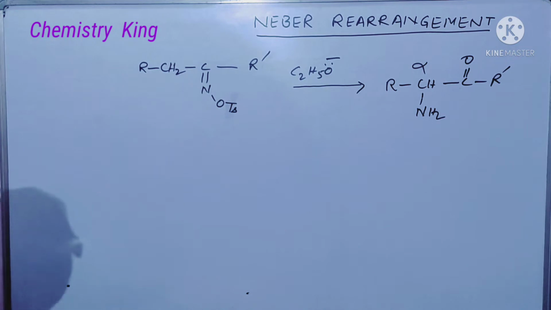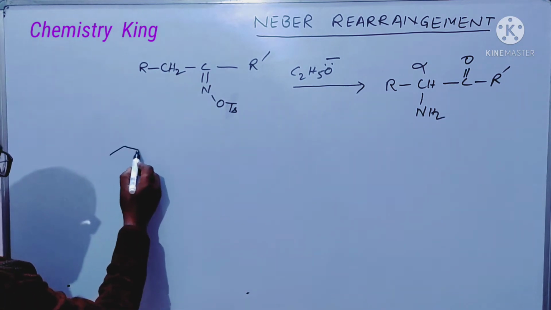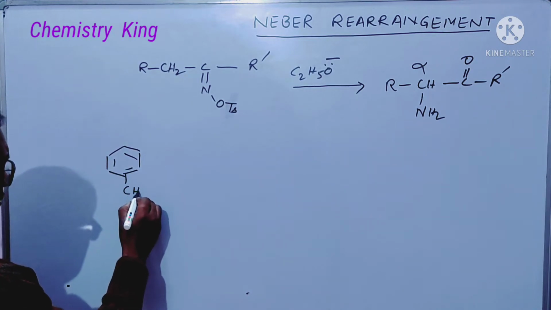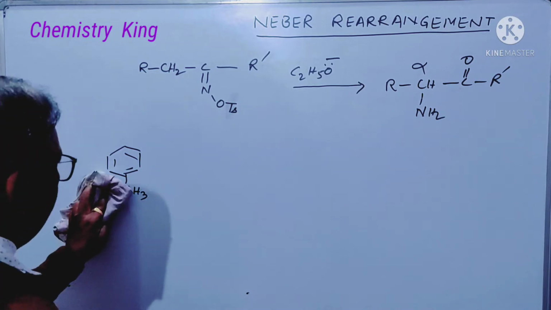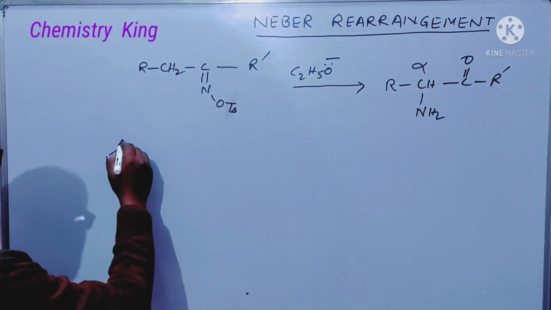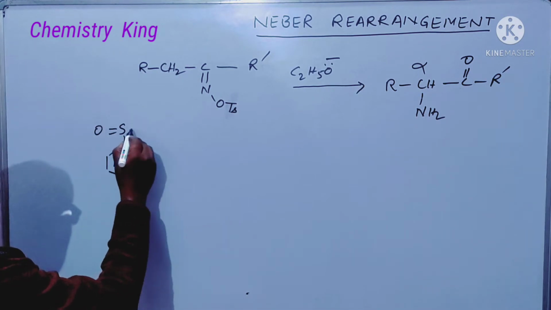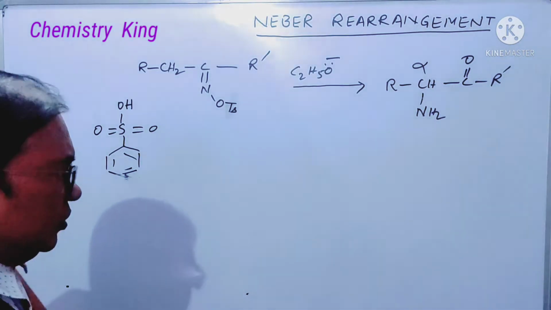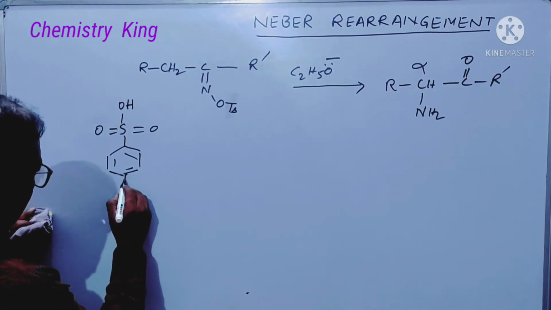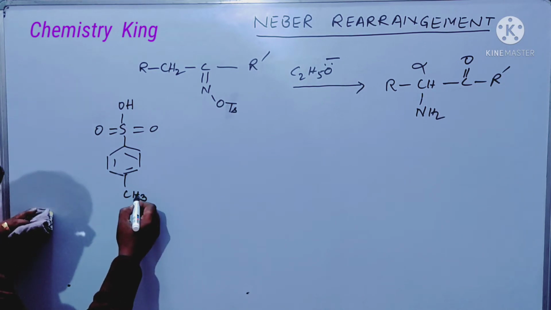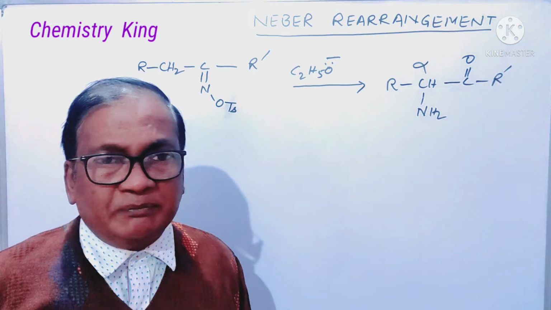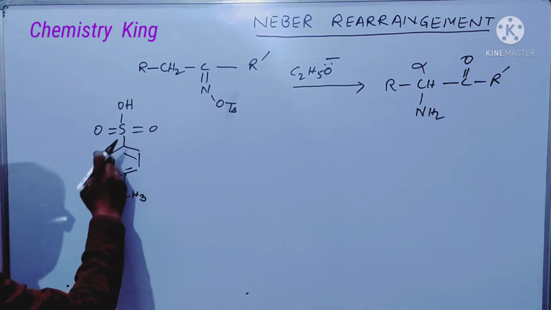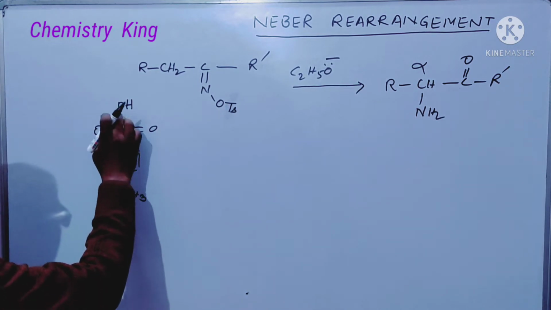First of all, let us see what is the tosyl group. It is toluene. If CH3 is not here, rather a sulfonic group is here, it is benzene sulfonic acid. And if both groups are situated at para positions to each other, then it will be para-toluene sulfonic acid.